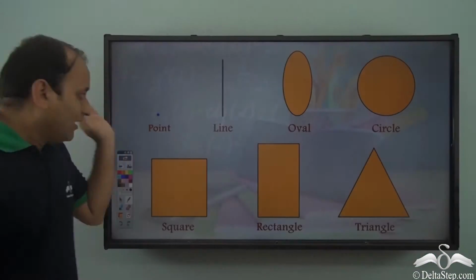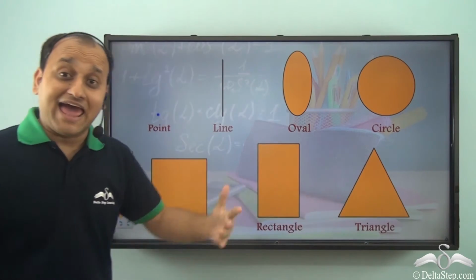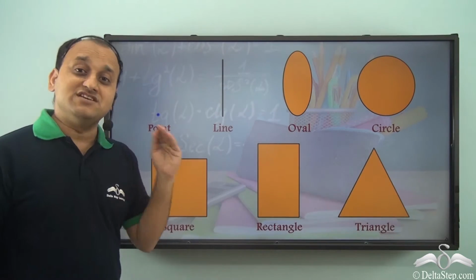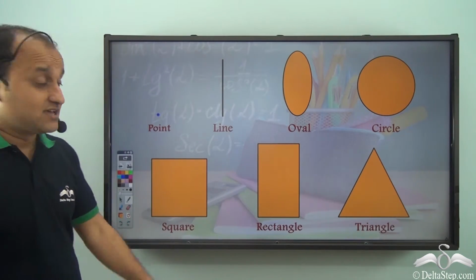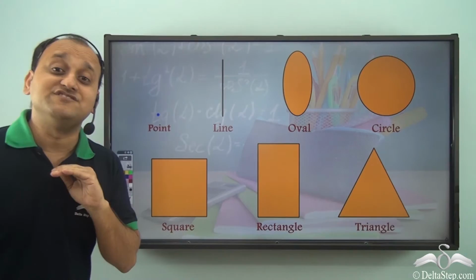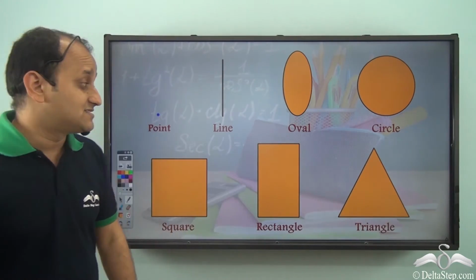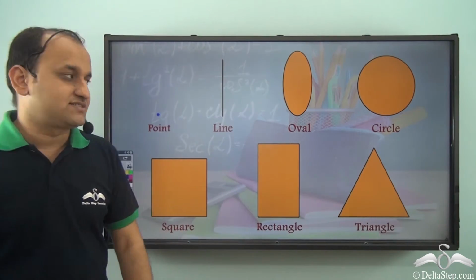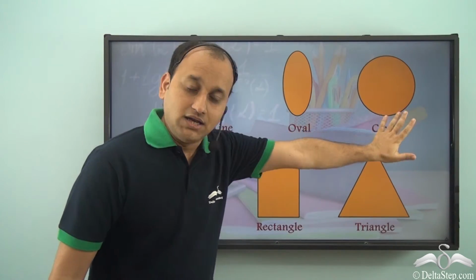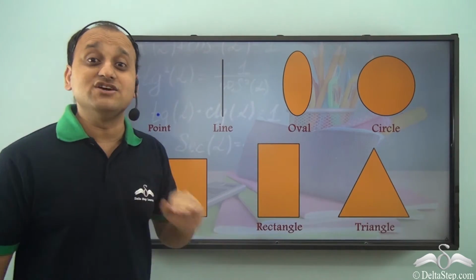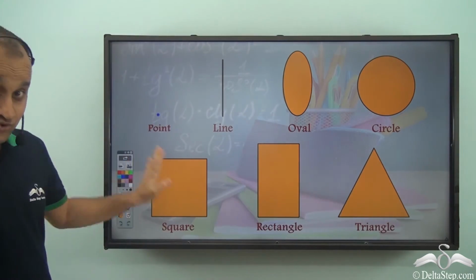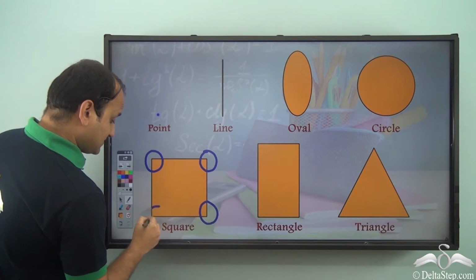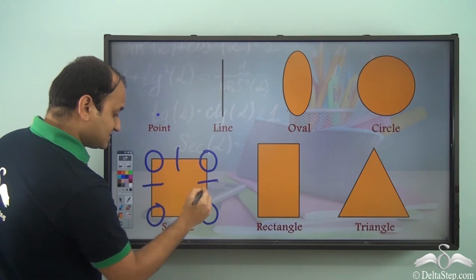So we saw different types of shapes and their characteristics. In case of point, we have 0 sides and 0 vertices. In case of line, again we have 0 sides and 0 vertices. In case of oval, again 0 sides and 0 vertices. And even for a circle, 0 sides and 0 vertices. But in case of square, we have 4 vertices and 4 sides.